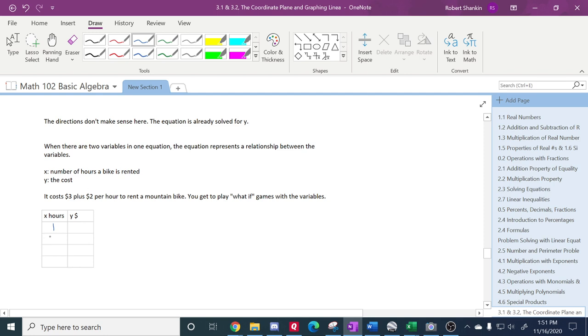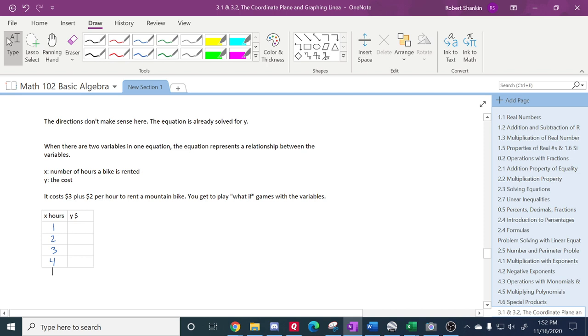And then I can do 2, 3, and 4 hours. So your task now is to fill in the y for this situation. It costs $3 to rent the mountain bike, and then $2 per hour. Fill in the rest of that table, and do that individually.